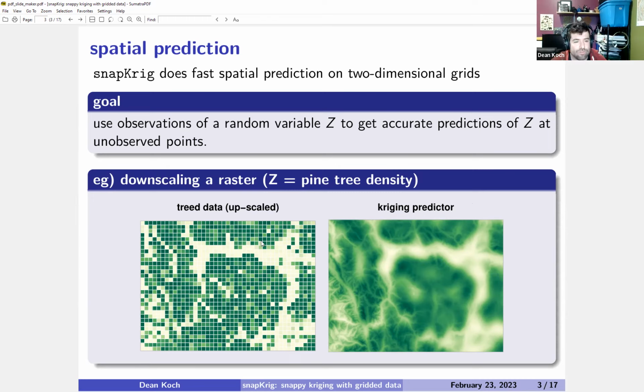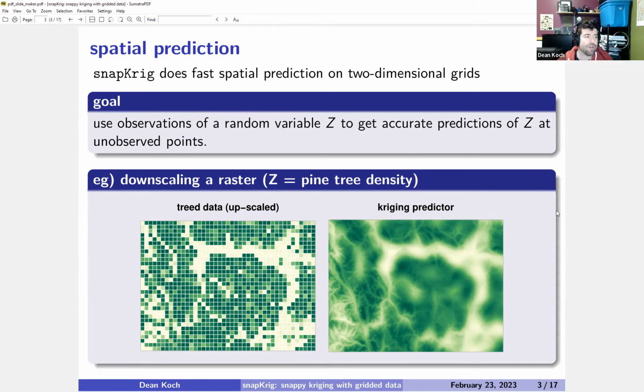And we start with a quite coarse data set. There's not very much spatial detail. And then by finding covariates related to pine tree density, we're able to downscale this and resolve quite a lot of detail from this coarse input. And we get this very detailed output.